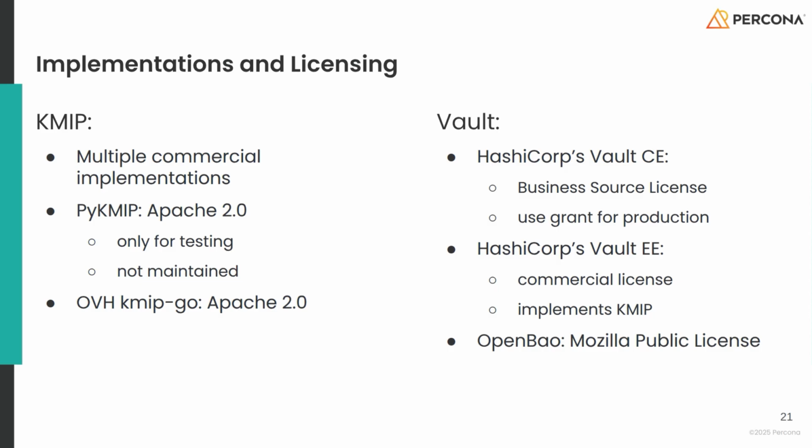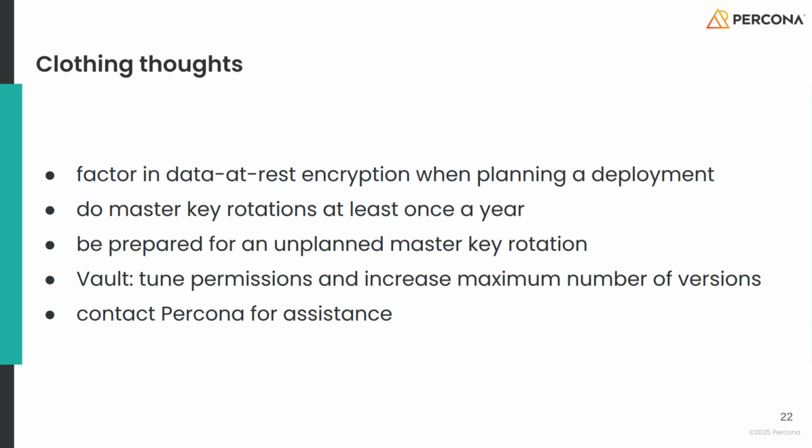In summary, we recommend considering setting up data-at-rest encryption at the planning stage of your deployment. Though it is still possible to encrypt an already running replica set, that would be quite a tedious process nobody wants to execute on their production data.